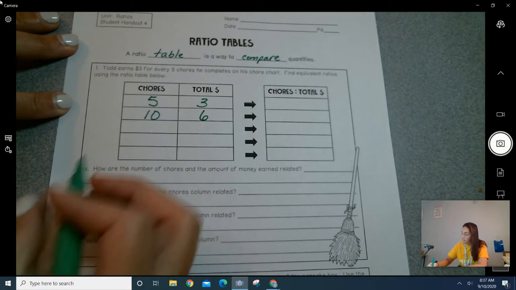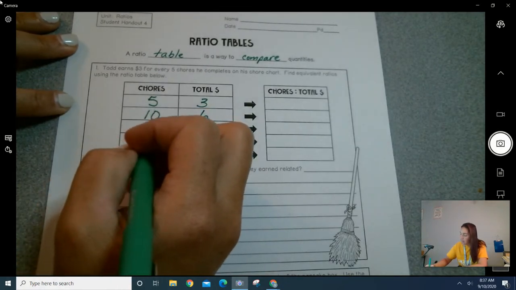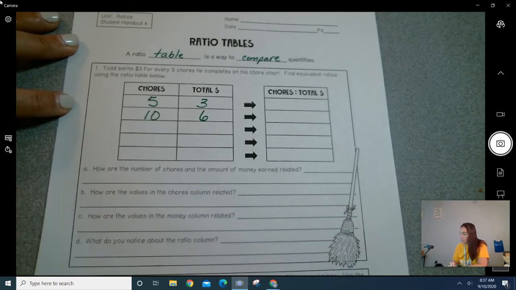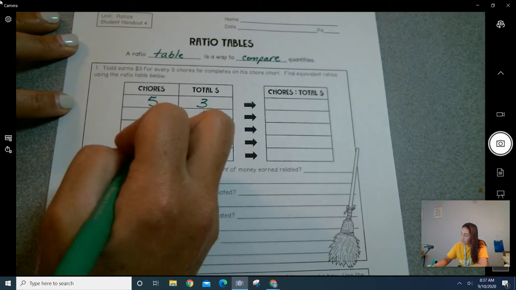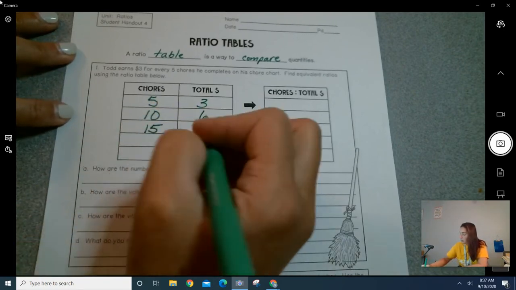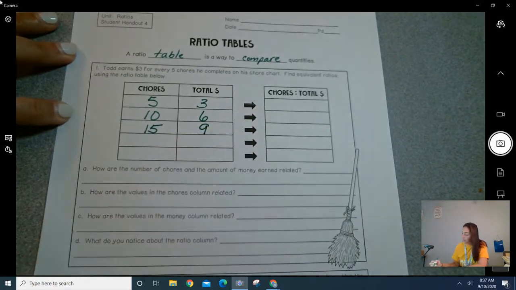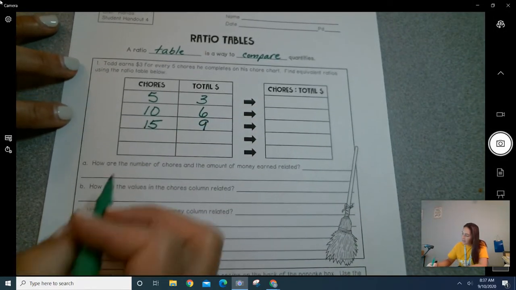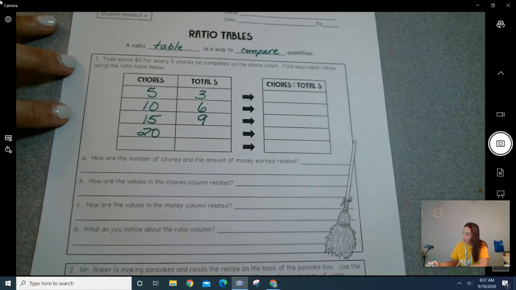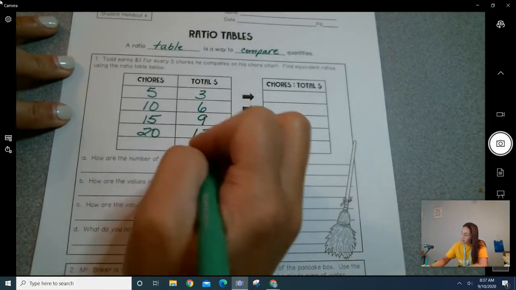All right? I'm going to go ahead and fill in the rest of this table, and I'm going to go up by 5s because that makes it easy for me to know how much money he gets. If he does 15 chores, then he's going to get $3 more, and so that will be 9. If he does 20 chores, then he'll get $3 more, and that's going to be 12.